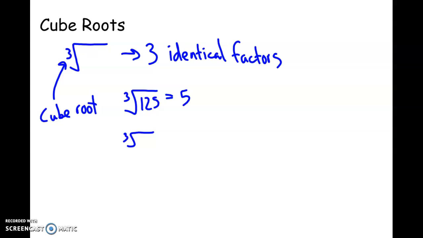Cube root of 8 is equal to 2. Cube root of negative 1 is negative 1. So watch out for those negative signs. Those negative signs will matter. We can have a negative cube root. That does work, okay?